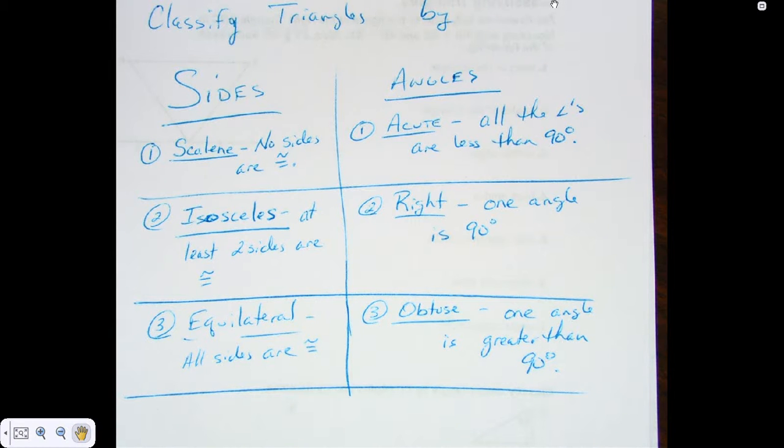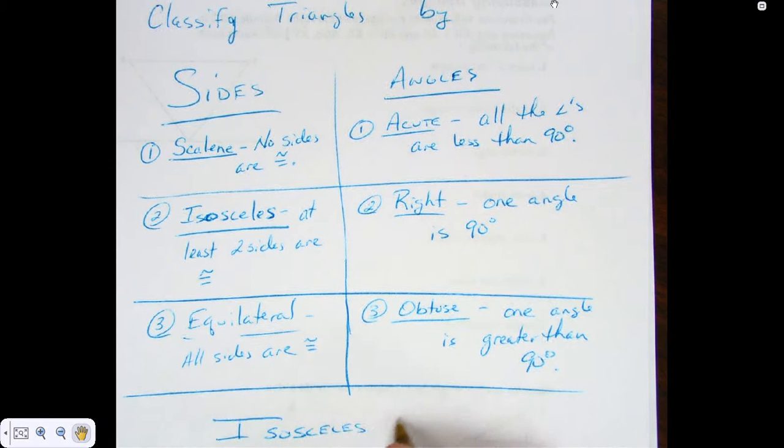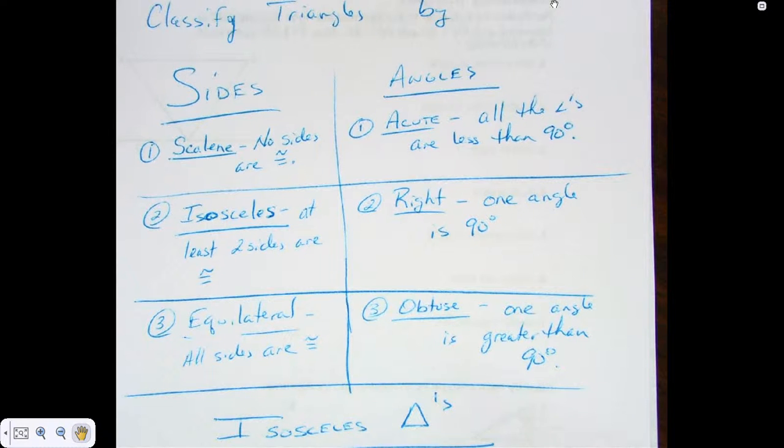Now, what we're going to go into more detail with in this section, we're going to talk about isosceles triangles. Has everybody got this down? Can I move up? Okay.